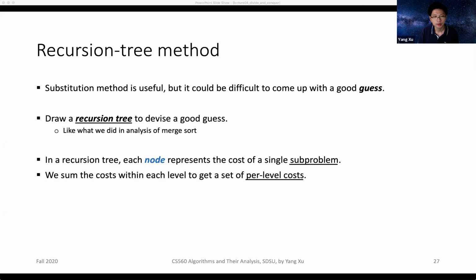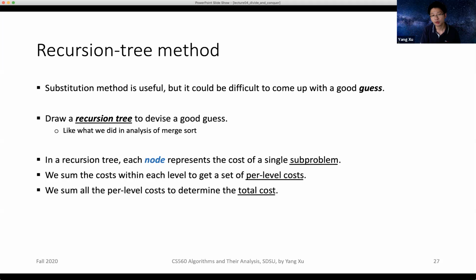After the tree is drawn, we will need to sum the costs within each level to get a set of per-level costs. So we calculate the sum for each row, each level in the tree.